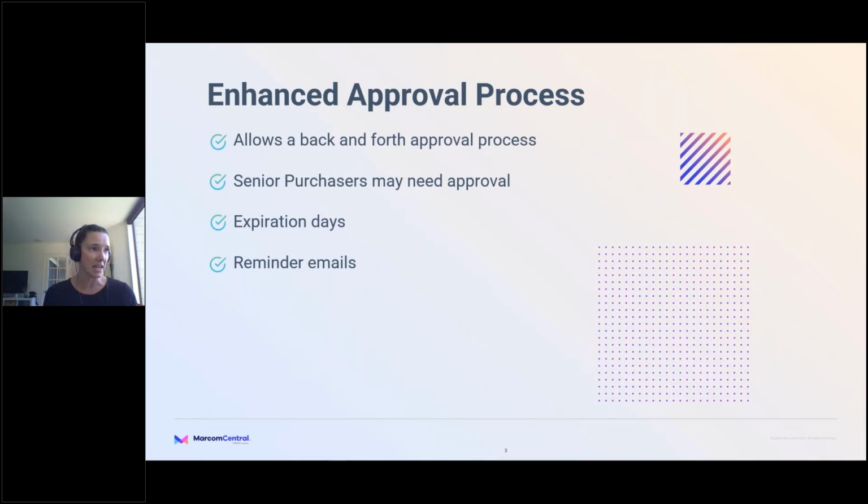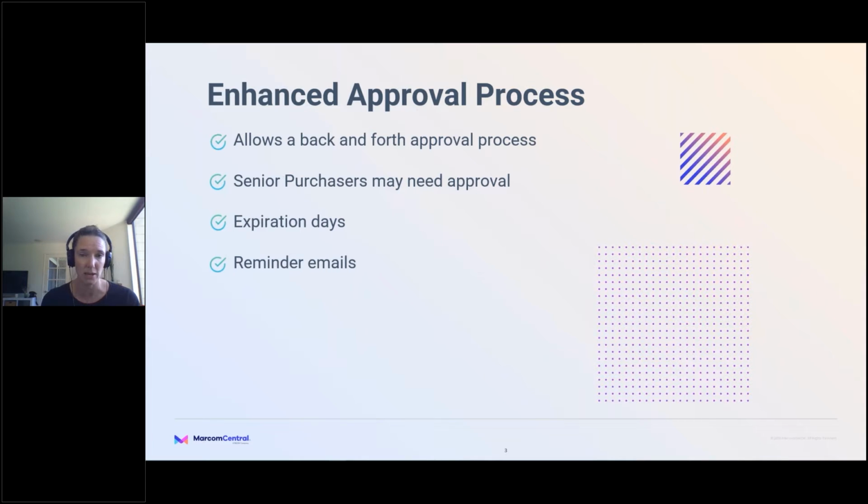A number of days, so we'll see the expiration days, a number of days can be set at the product level that the requisition will expire if an approver does not respond. Okay, so once that enhanced approval process is enabled, there's also an option that we will enable for you to set a certain amount of expiration days, and you'll see that at the product level when we get in there.